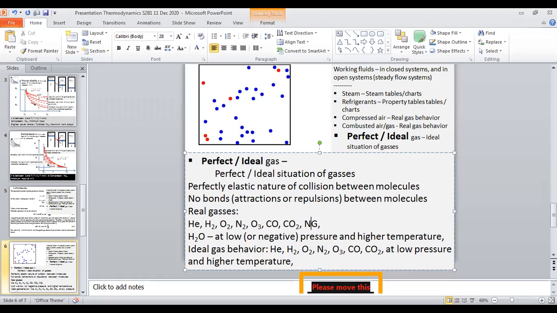And if the temperature is further high in the burners, most of the time it comes to ideal gas nature. So low pressure, ideal gas behaviors of gases. You can see these gases and even the natural gases, Ng or hydrocarbons.